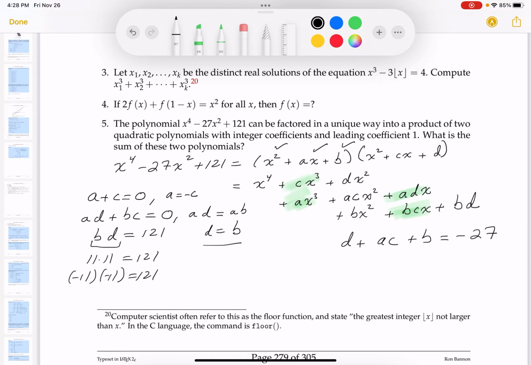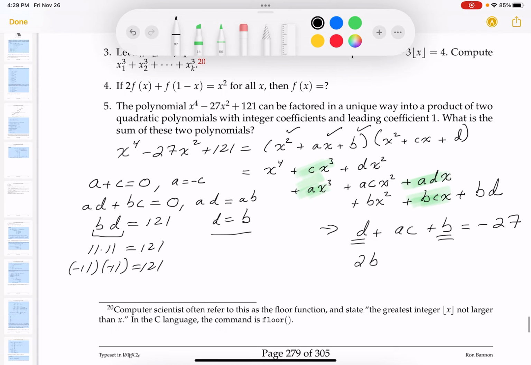All right? So we're going to keep working around this. And I'm kind of looking at this guy over here. And let me see if I can write that down. And again, D equals B. So D and B are the same. So this would be 2B, and let's see, AC and AC are opposites, right?